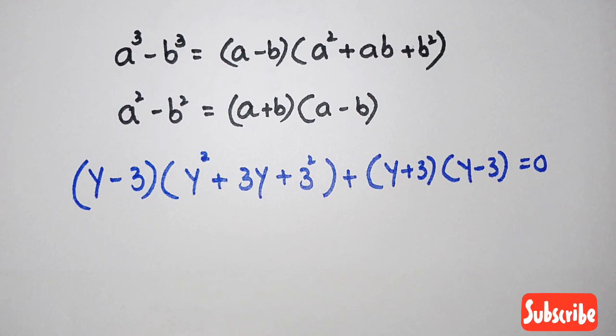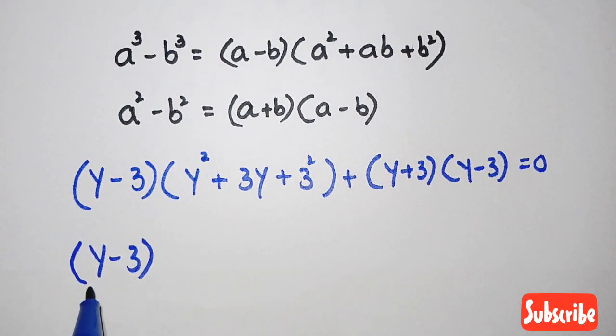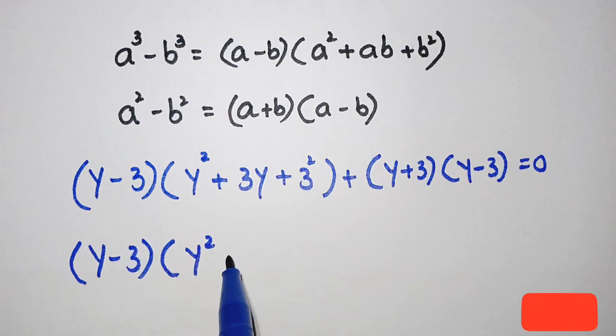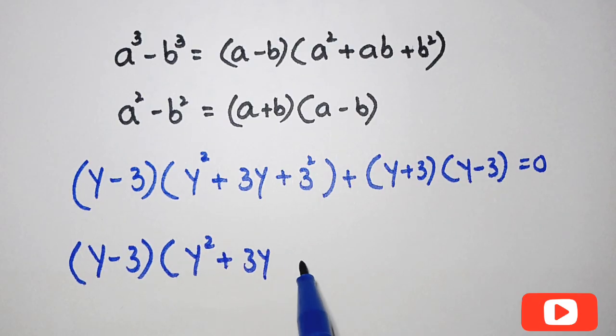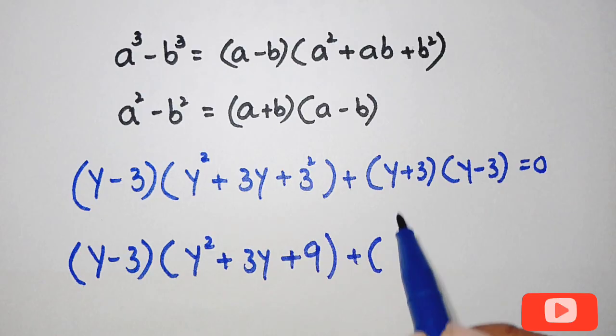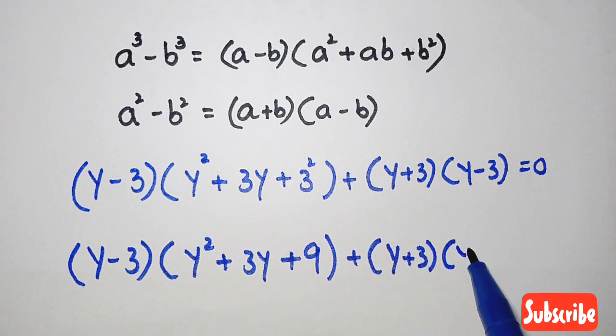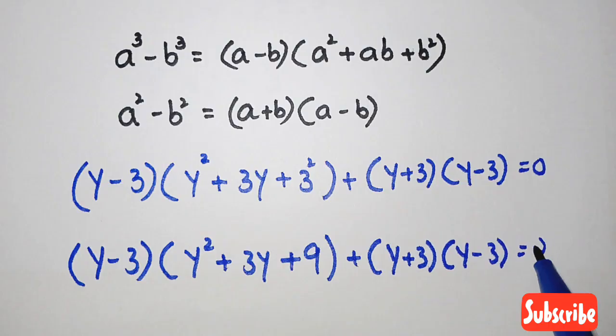Now in the next step, (y minus 3) times (y square plus 3y plus 9) plus (y plus 3) times (y minus 3), which is equal to 0.